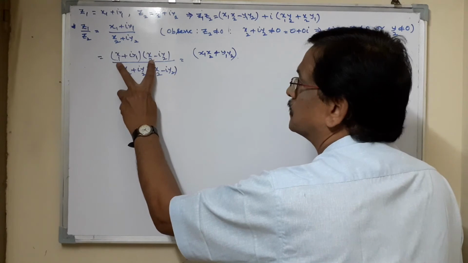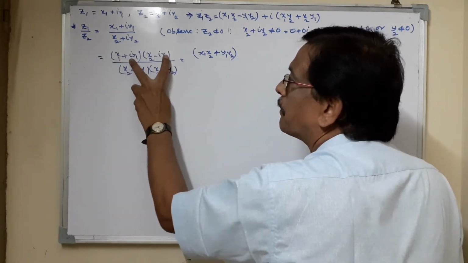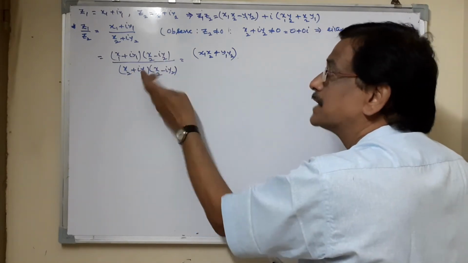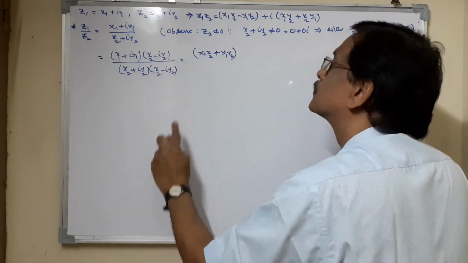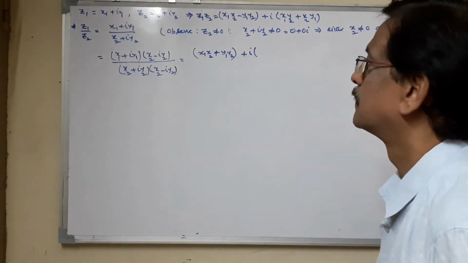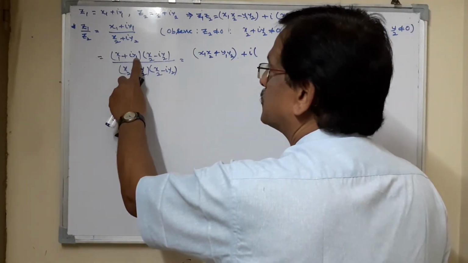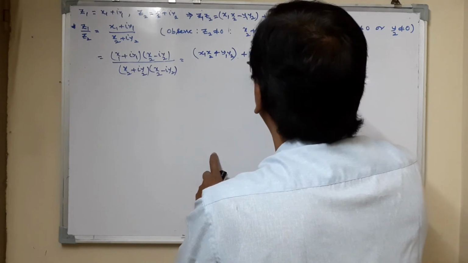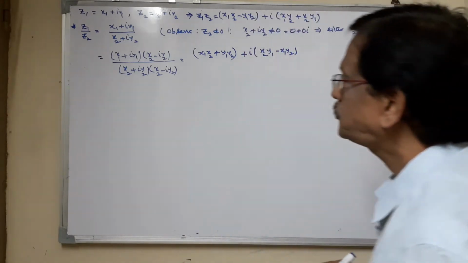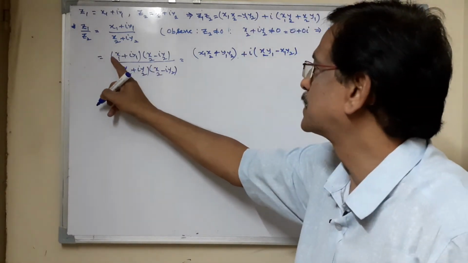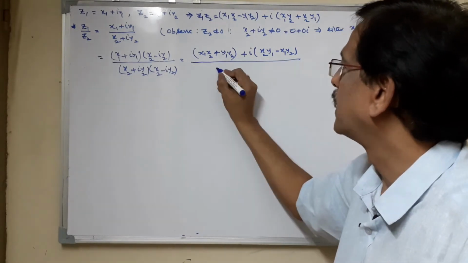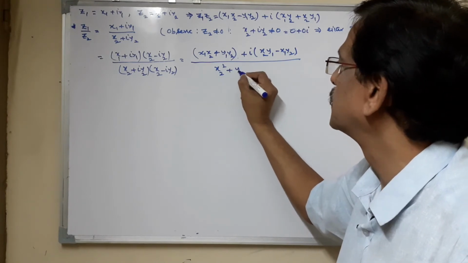Look at this, x1 x2 I have written. Now I want to multiply these two, iy1 into iy2. This is i square y1 y2, but i square is minus 1, but already there is a minus, so minus into minus will become plus y1 y2, plus i times (x2 y1 minus x1 y2), all divided by x2 square plus y2 square.